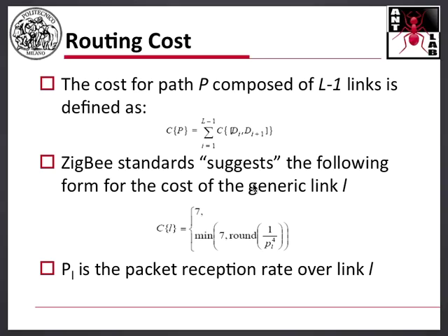But then, once you have decided your metric, the paths are computed according to a shortest path rule, which means you choose the path which has the shortest cumulative cost with respect to all the others. That's semi-standard in most sensor network implementations. Again, these are the two metrics proposed by ZigBee.